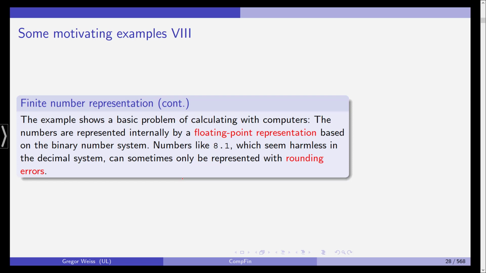Because in the binary system, there is not a finite representation of 8.1, but actually it's infinite. So the binary number for 8.1 is infinite, and the computer doesn't work with infinite numbers. At some point, it has to cut off this infinite number.